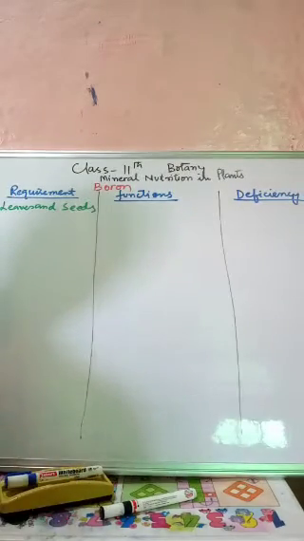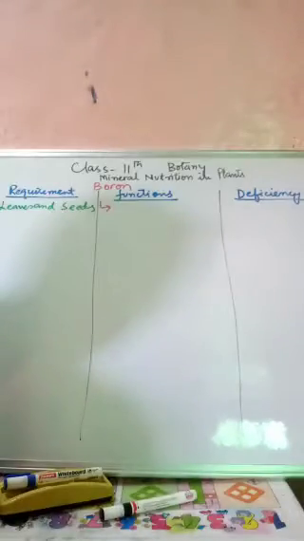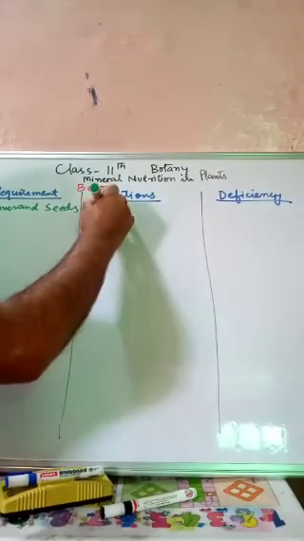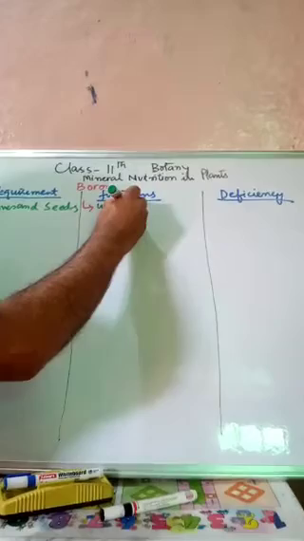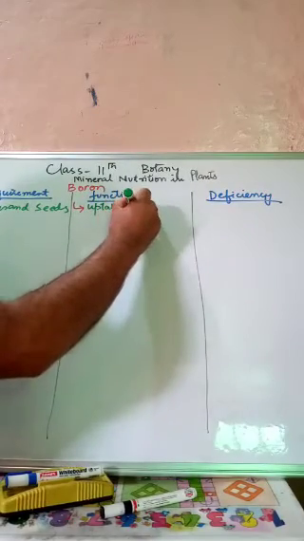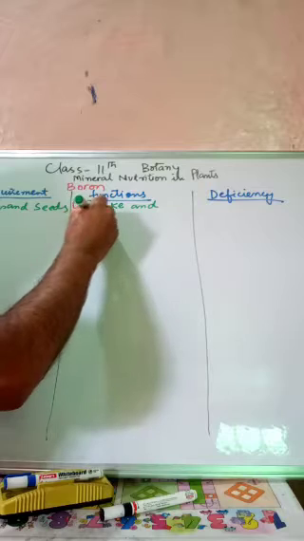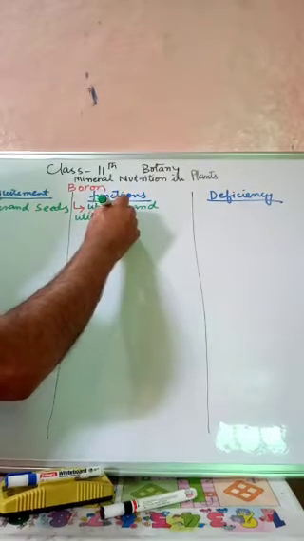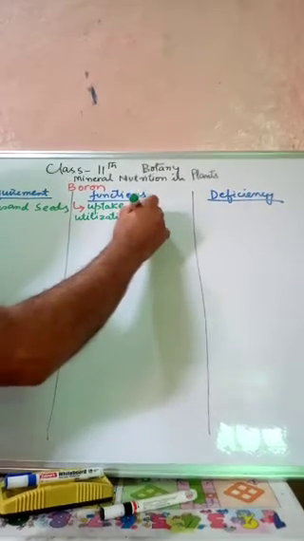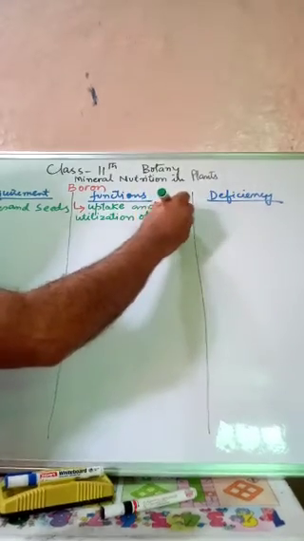Third, its functions. What are the various functions performed by this boron? First, it is required for uptake and utilization, that is the usage, of calcium ions.